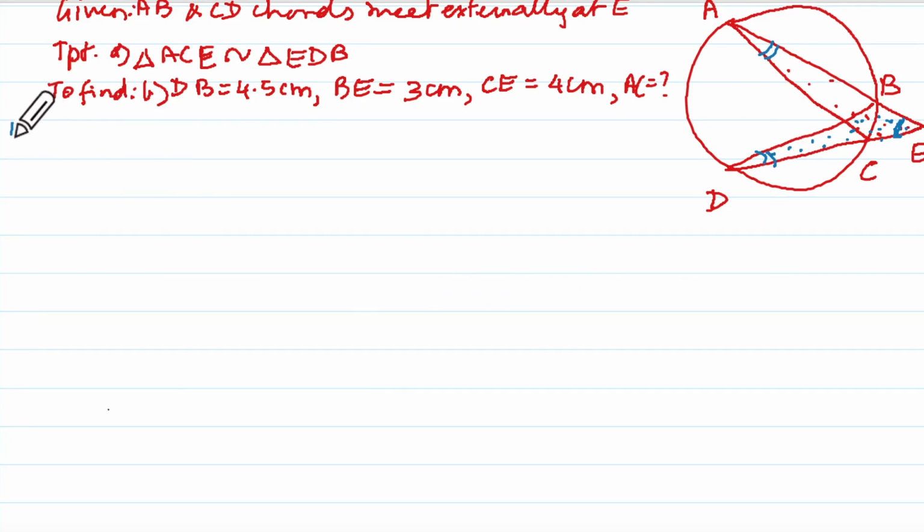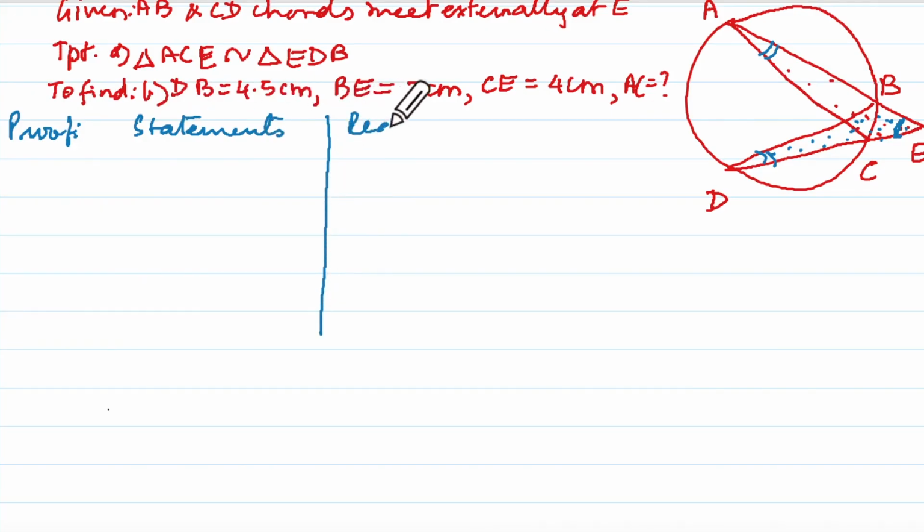So, you will start with proof, write statements, and you are going to write this properly, everyone. Reasons, no shortcuts here. Number 1, what you'll say in triangle ACE and triangle which one?